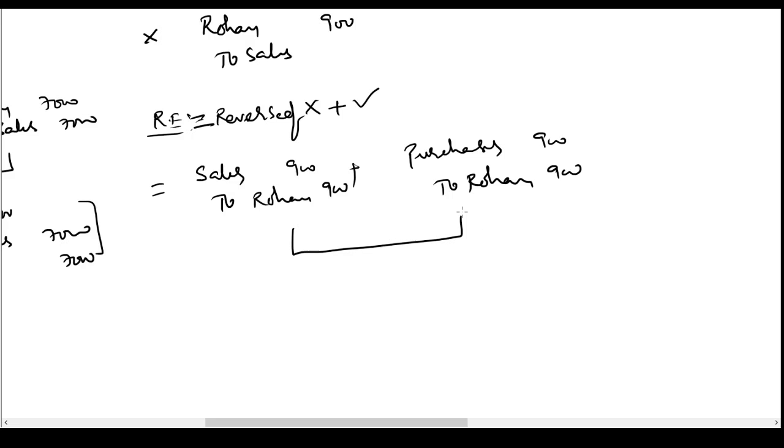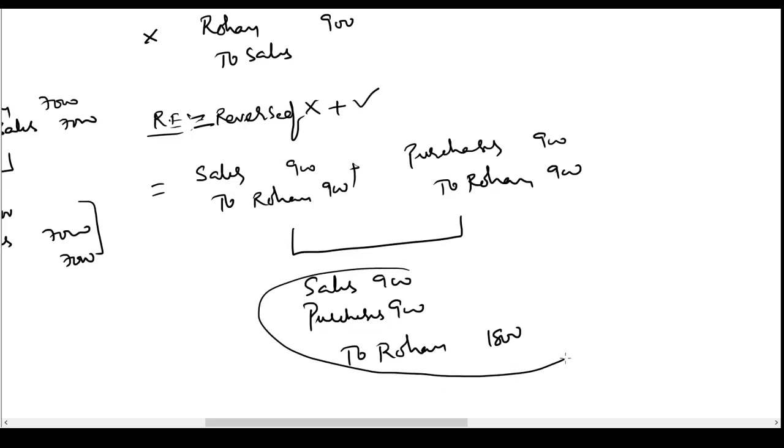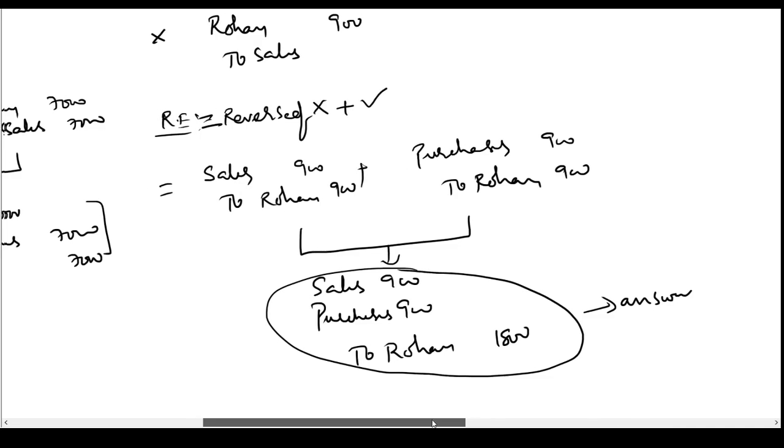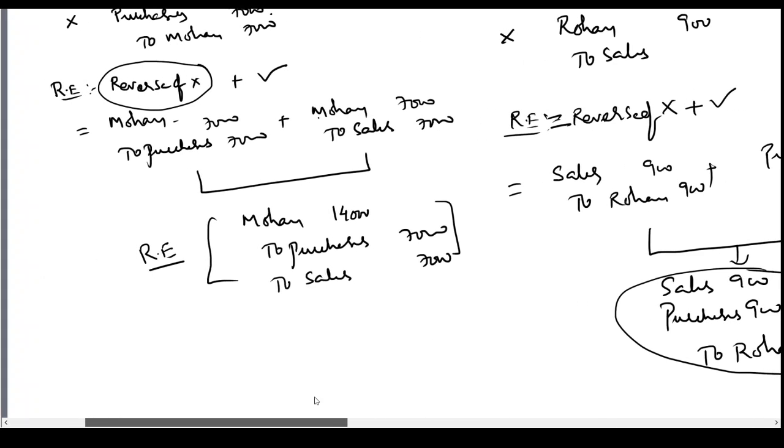So the net effect would be sales should be debited 900, purchases to be debited 900, Rohan to be credited with 1800. So this is the answer. This is the rectification entry we have to now pass in the books to make the books correct.